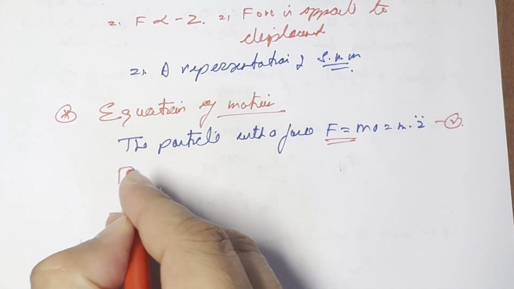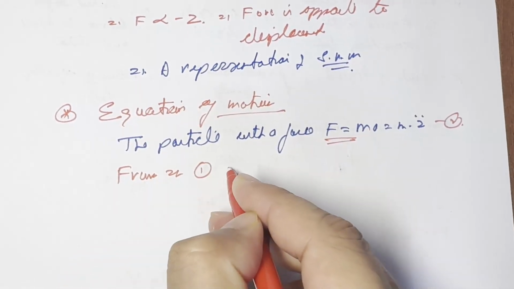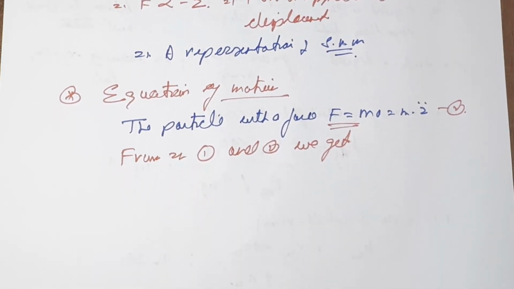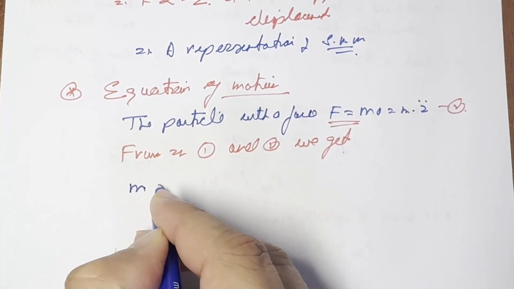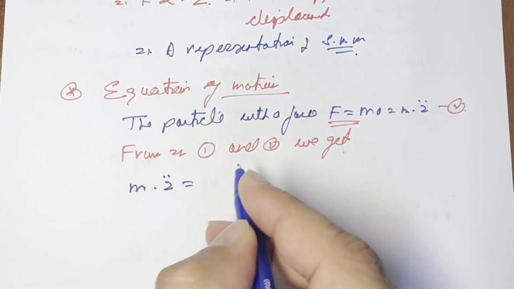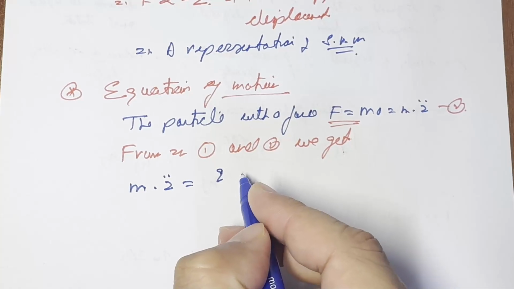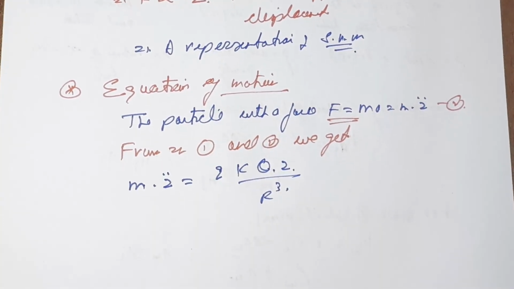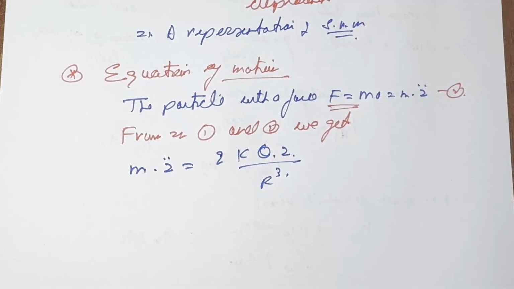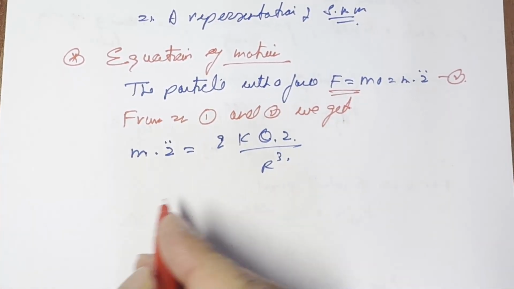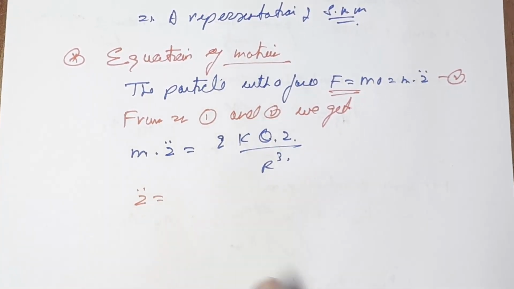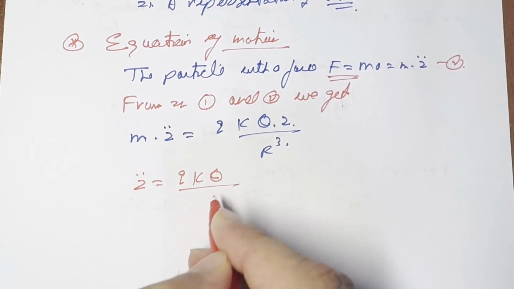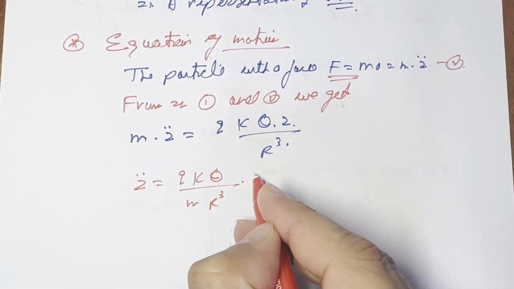So from equations 1 and 2, we get m d^2z/dt^2 is equal to minus q k Q z upon R^3. Therefore, the double derivative of z will be equal to minus q k Q upon m R^3 multiplied by z.